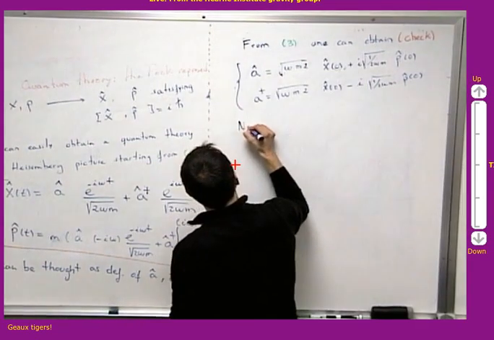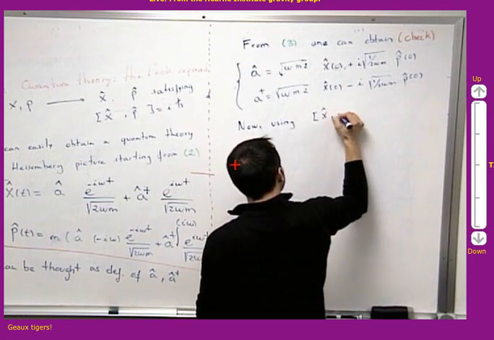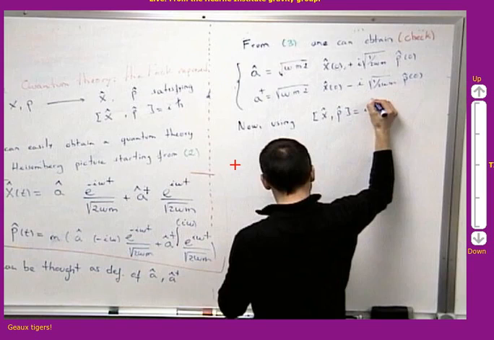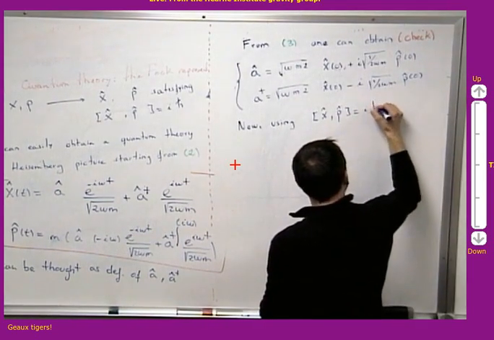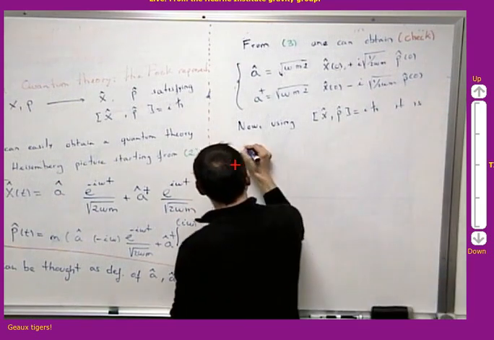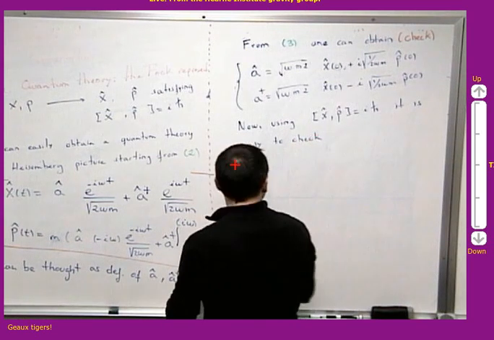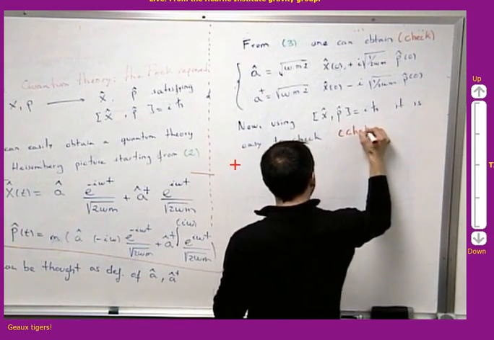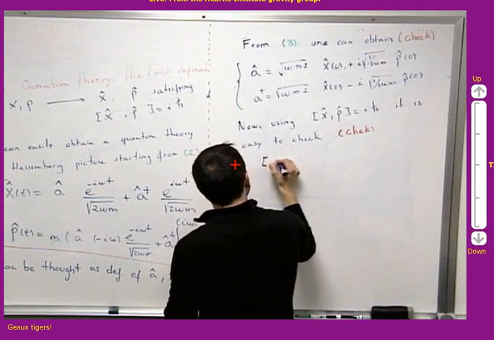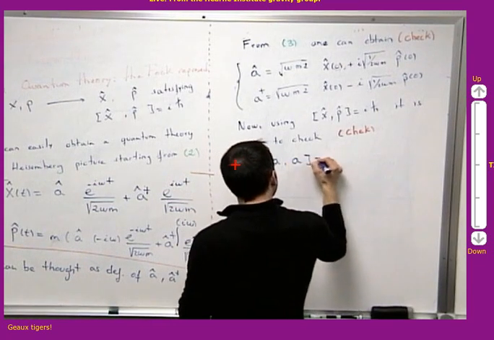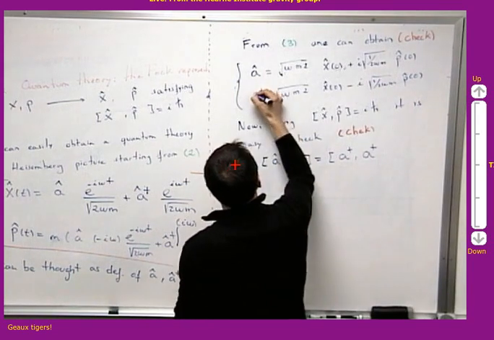And now, using the canonical commutation relations, it is easy to check, and this is the second homework, check this simple computation, that A and A dagger satisfy the following commutation relations.